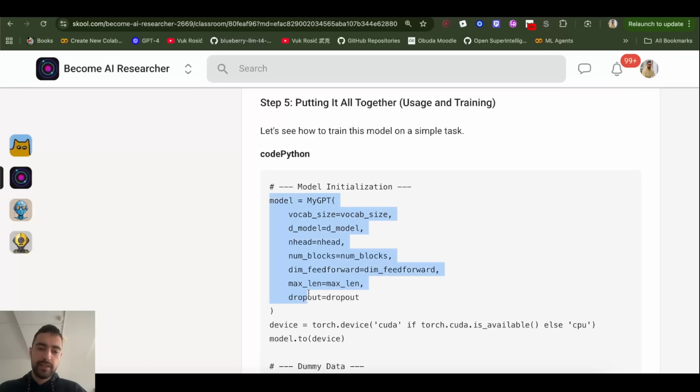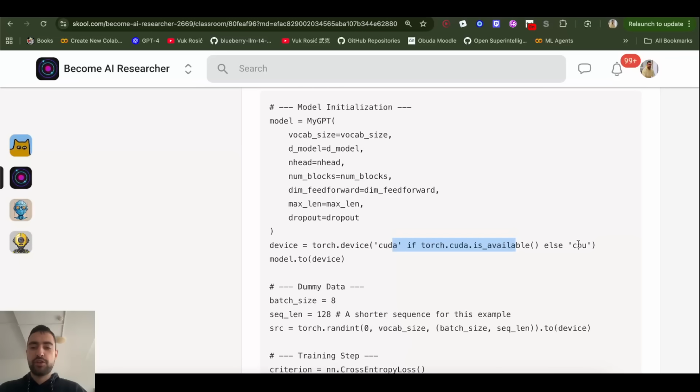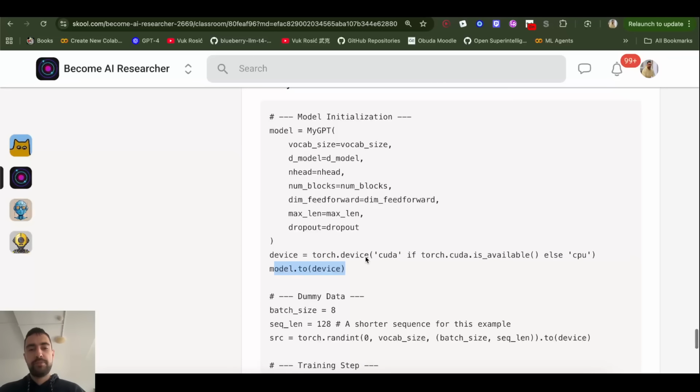So we initialize it. We select the device, which is going to be CUDA, which means GPU, NVIDIA GPU, if it's available. You better not train on CPU, that's not going to be fun, it's going to take so long. And then put the model to the device, the GPU, because you initialize it here, it can be initialized on CPU, and you want to move it to GPU.